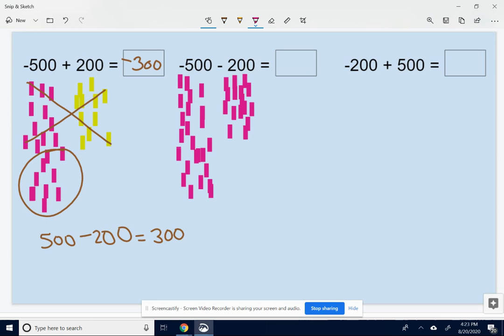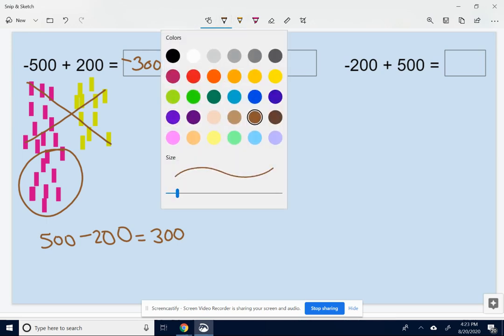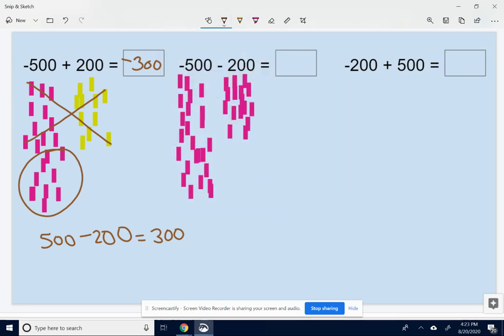So if there's no zero pairs, and we want to know the charge, and there's 500 reds right next to 200 reds, all we have to do is add up how many reds we have. We're just going to add the 500 and the 200 up: 700. So there's 700 tiles altogether, and they are all red. So it's negative 700.